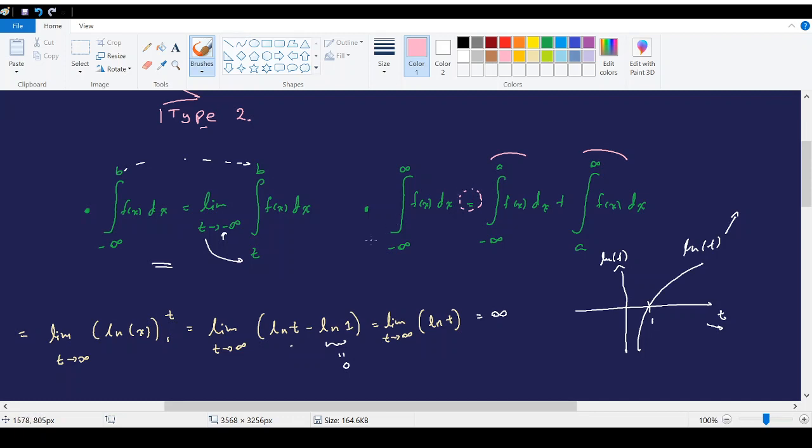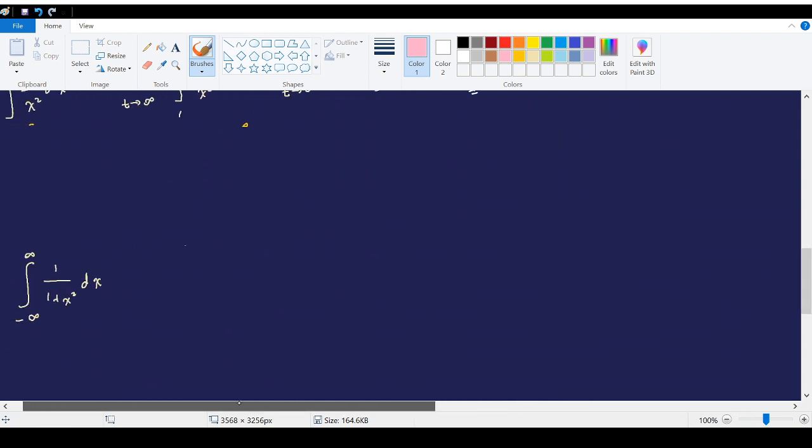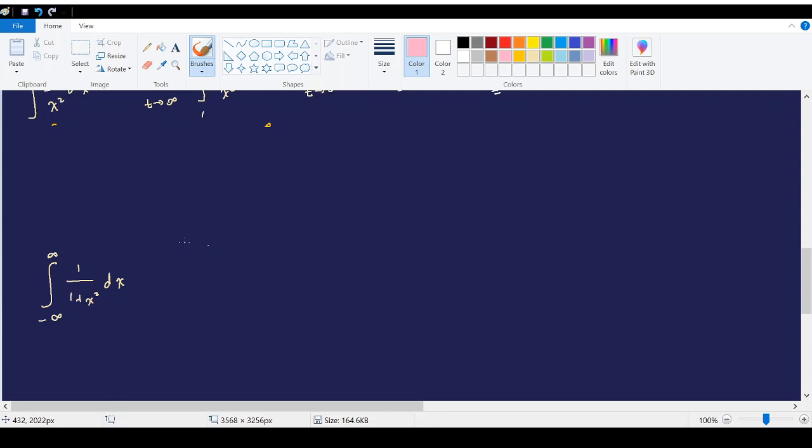So in order to compute such an integral with infinities at both lower and upper limits, first we have to find out two convergent integrals of this nature. That means if we consider the example that I have written for this one, let's say a is equal to 0.